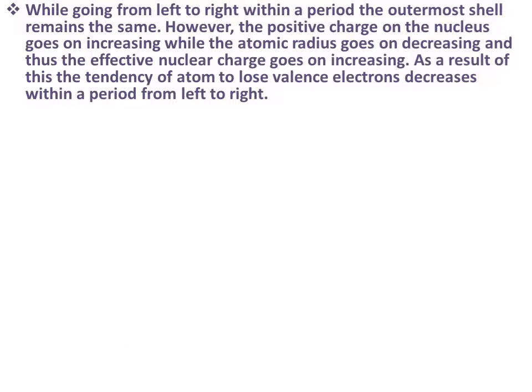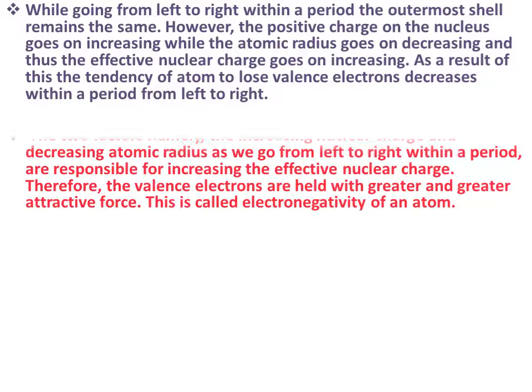While going from left to right within a period, the outermost shell remains the same. However, the positive charge on the nucleus goes on increasing, while the atomic radius goes on decreasing, and thus the effective nuclear charge goes on increasing. As a result of this, the tendency of an atom to lose valence electrons decreases within a period from left to right.